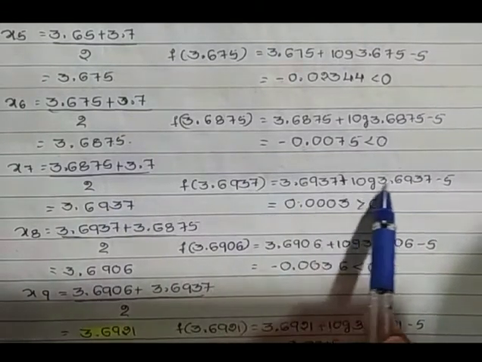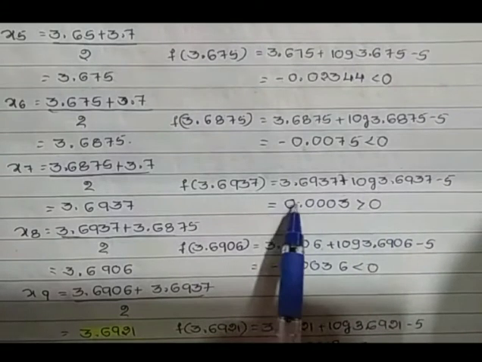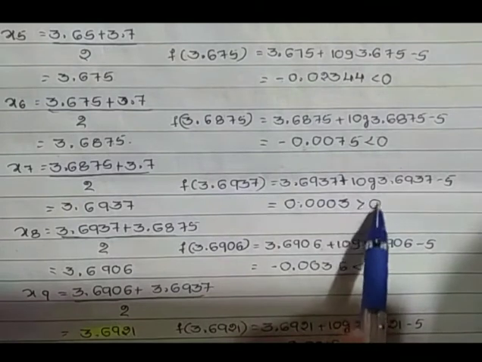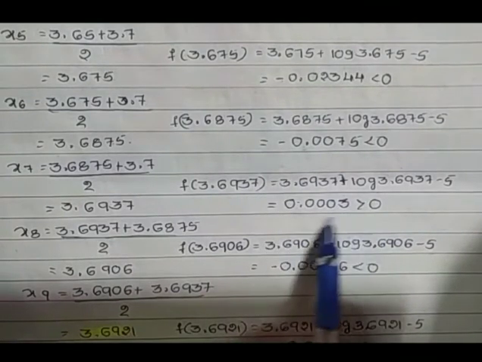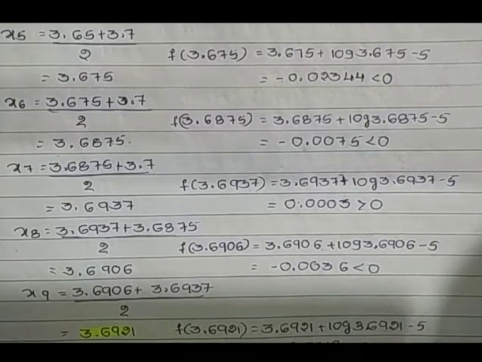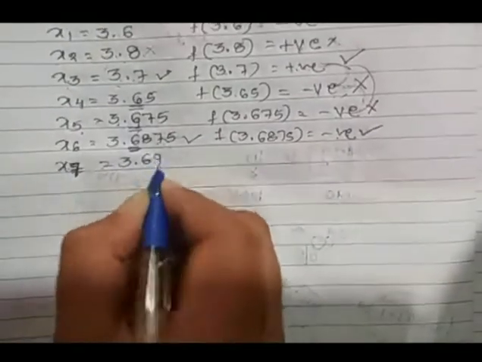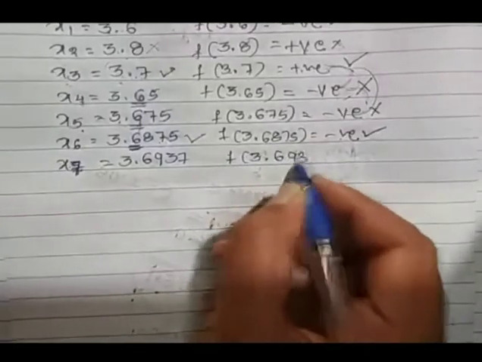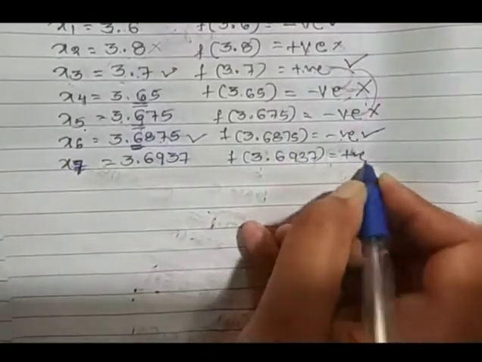Using calculator, simplify, will get 0.0003, which is greater than 0, and this is a positive value. So here our seventh approximation is 3.6937, and this is giving us positive value.